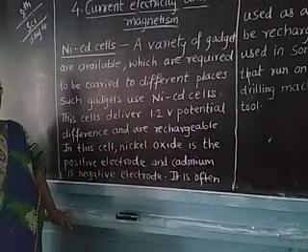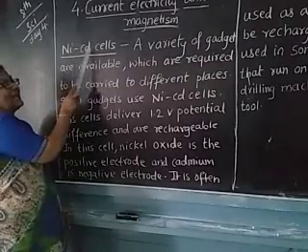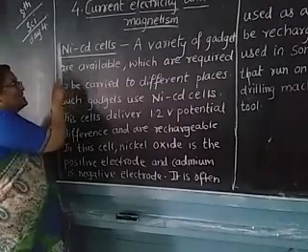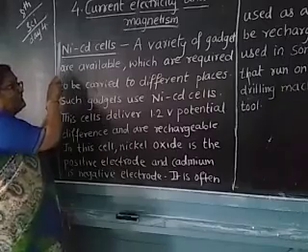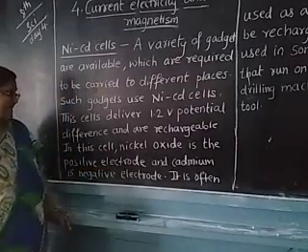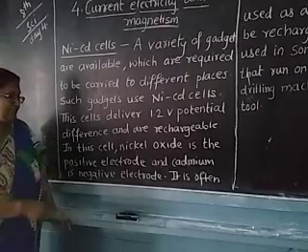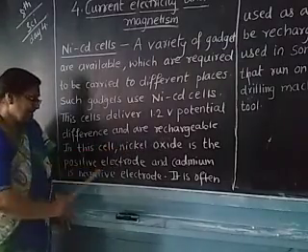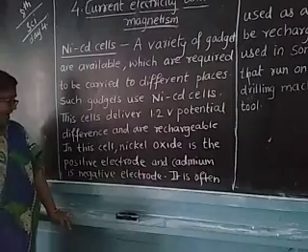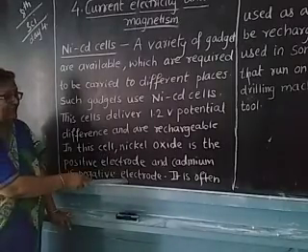I have told you that this cell is called the nickel cadmium cell. Now Ni represents nickel oxide. Nickel oxide is the positive electrode and cadmium is the negative electrode.